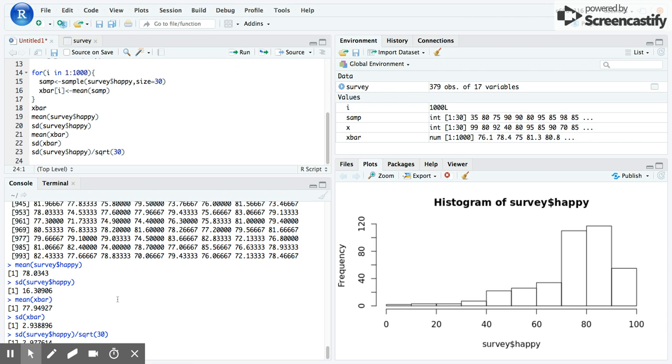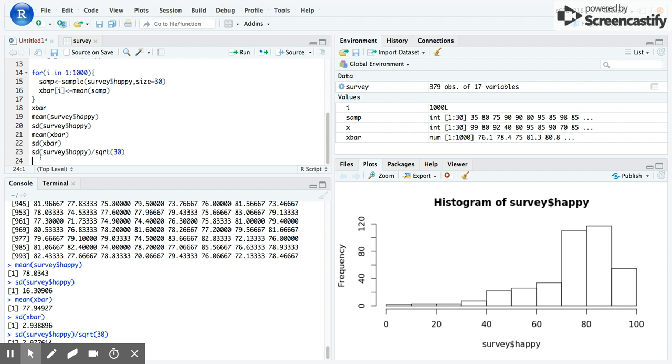It turns out that's 2.98. The standard deviation of the sampling distribution is 2.94. Now they're a little off because my samples vary a little bit, and these samples keep varying no matter what. And if I rerun this whole thing, I might get different answers. The idea is that they're very similar.